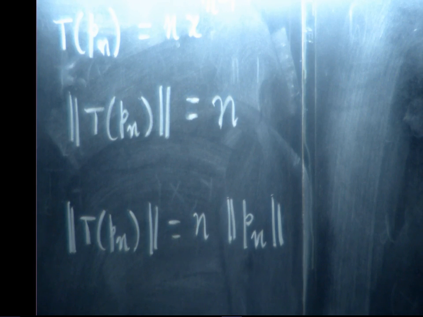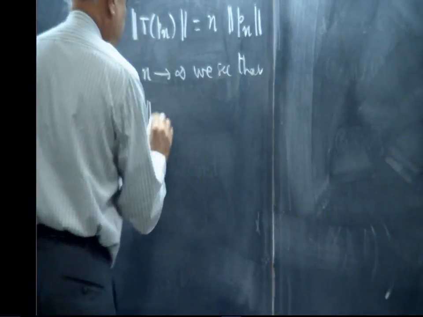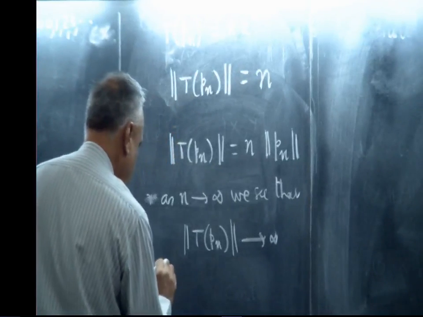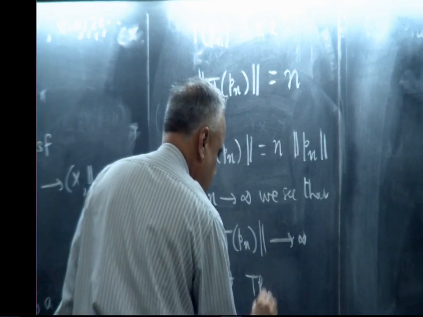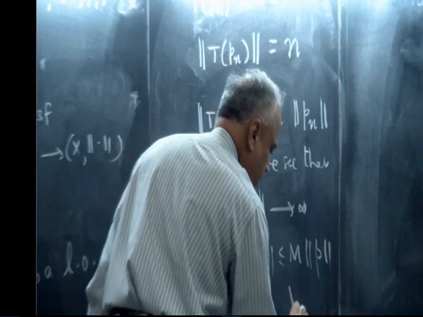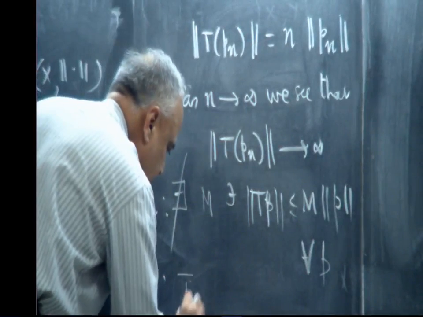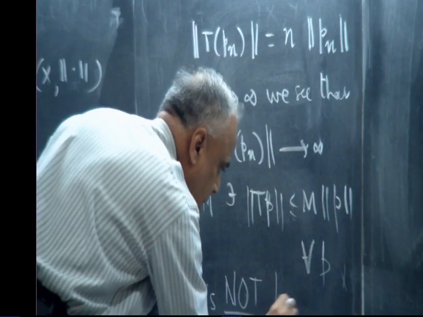Okay. So, as n goes to infinity, we see that the norm of T Pn goes to infinity and therefore, there does not exist M such that the norm of TP is less than or equal to M times the norm of P for all P. There cannot be any such M. Therefore, T is not bounded.